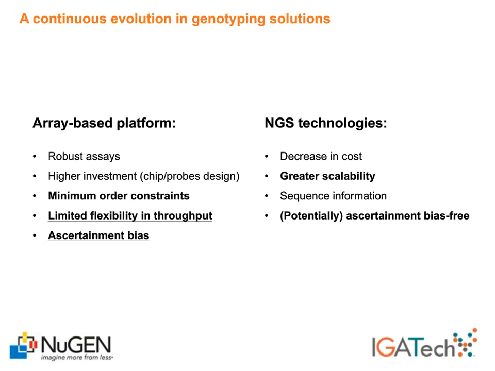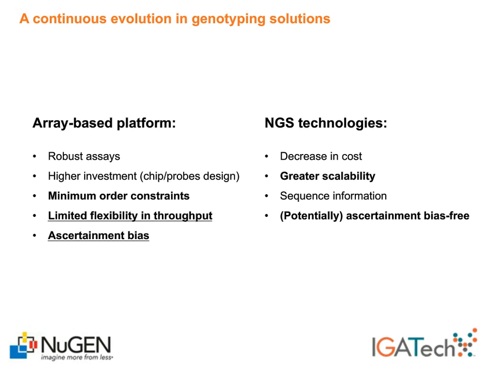In the last years, array-based solutions have dominated the market of genotyping, and they did provide very robust assays. However, with the synthesis cost of probes, they used to require a very high investment at the beginning of projects. And also, they suffer some constraint in the minimum order of samples and assays.